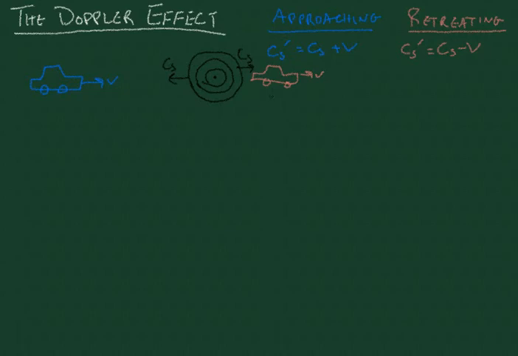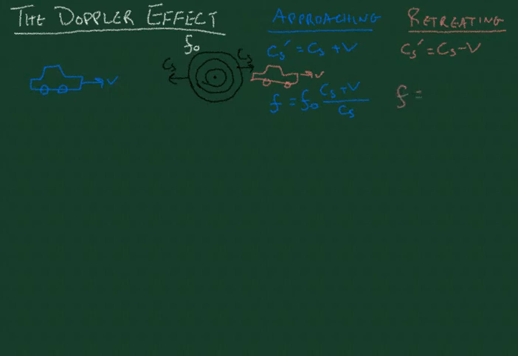But what you'll see is if the frequency f0 is the frequency that was being emitted by the stereo, then for the approaching sound waves, the frequency we hear would be f0 times the speed of sound plus v over the speed of sound.